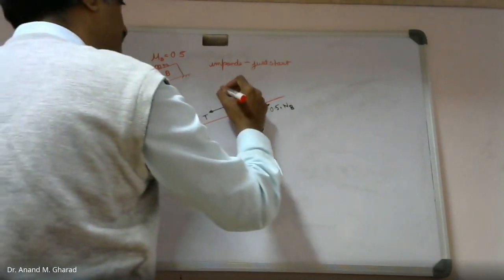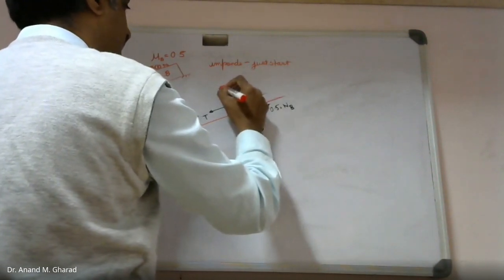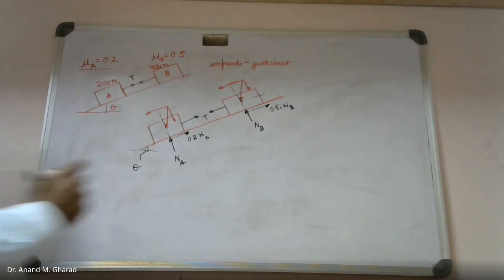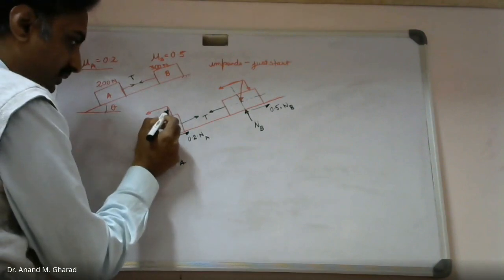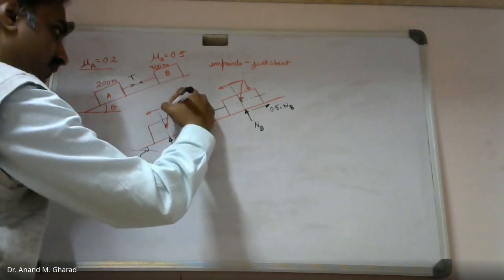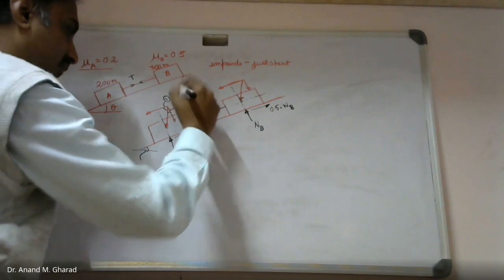So can you please let me know, if I draw these two components, out of this and this, which one will be theta? Let me call this 1 and this 2.